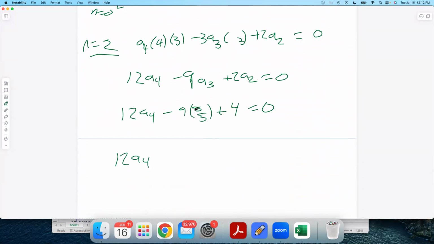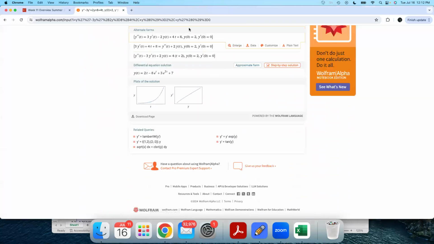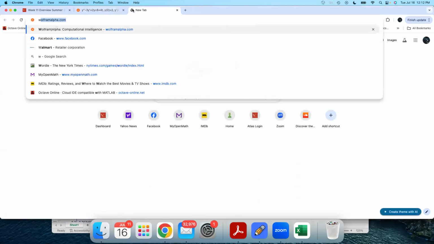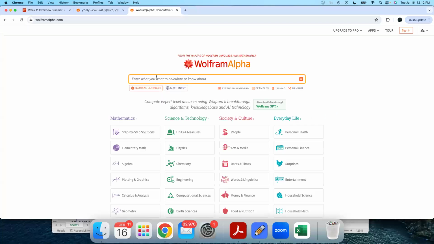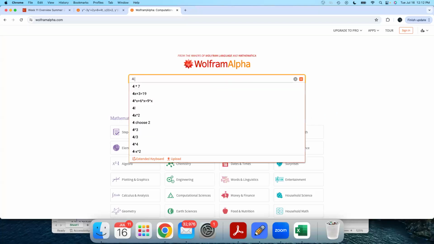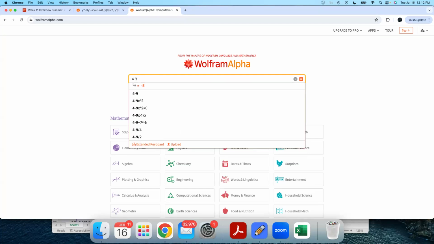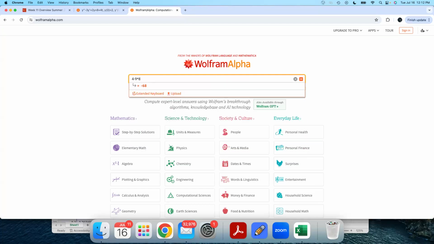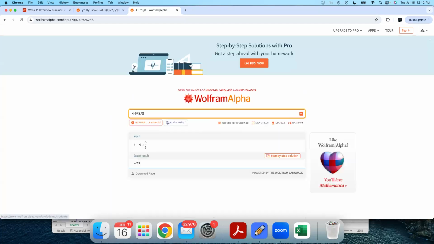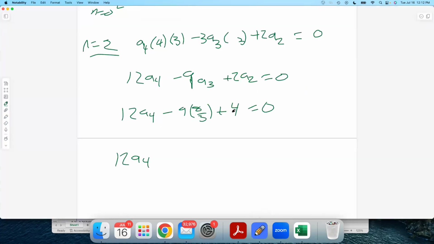Let's see, that's 72. I might need to get my calculator out here. Let's just use Wolfram. So that was 4 minus 9 times 8 over 3. I think I wrote that right.